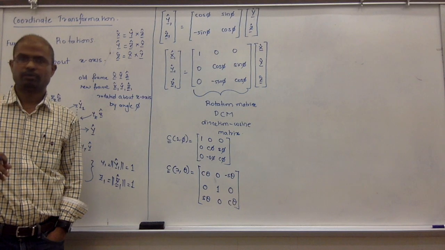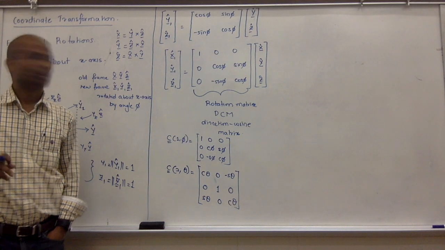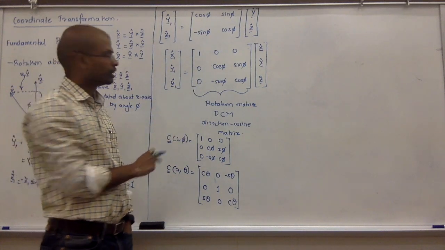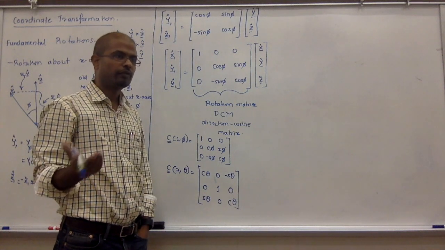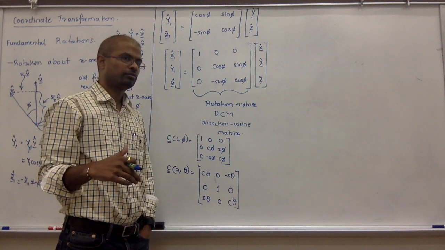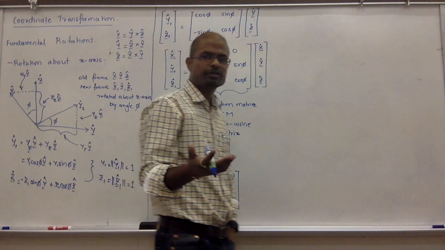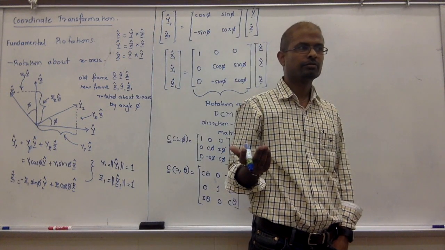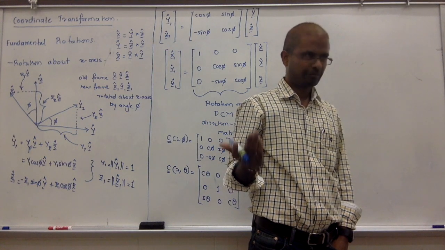What makes it a cosine matrix? Why is it called a cosine matrix? See, all these values are actually cosines. Even this is a cosine. Every sine is a cosine, every cosine is a sine. You should know that sine of phi is cosine of 90 minus phi, or 90 plus phi.